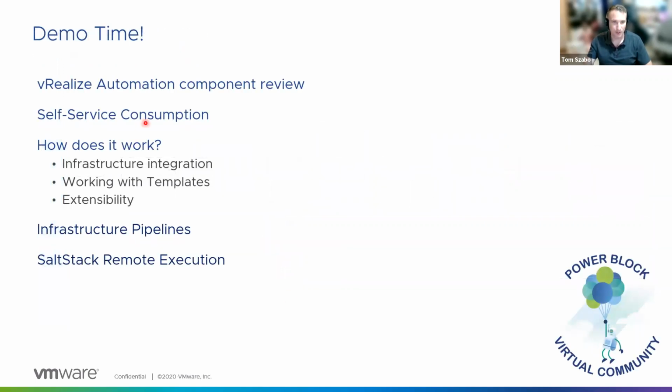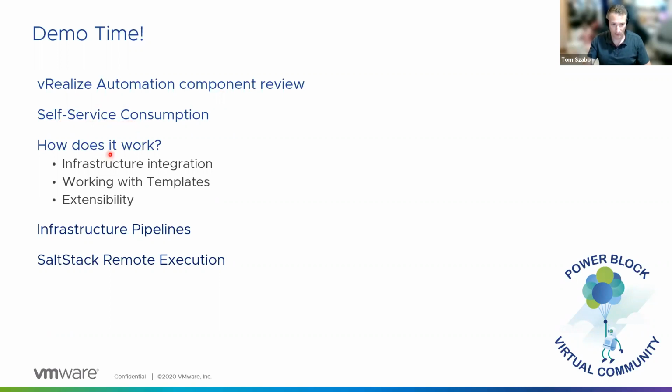So with that, we're going to jump into demo one of my live environment here and get us out of PowerPoint slides. What we're going to do is walk through vRealize Automation and the different components that make it up. As I hinted at earlier, there are different services. We'll take a look at self-service consumption, how to actually consume a resource.